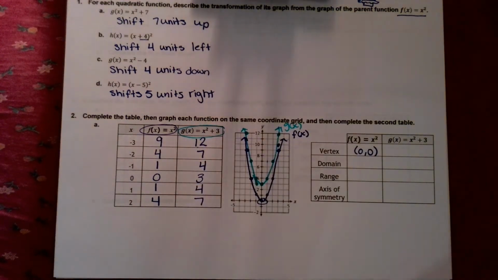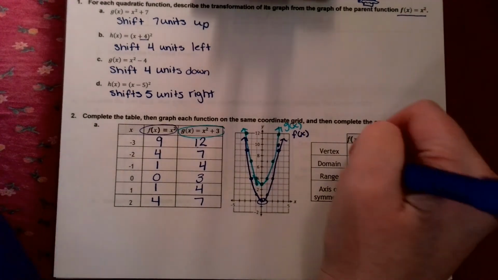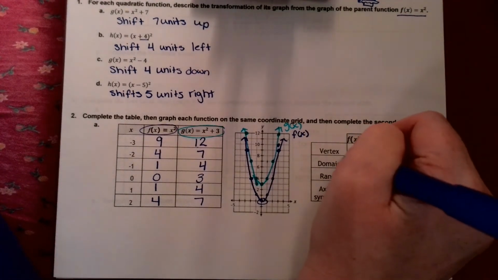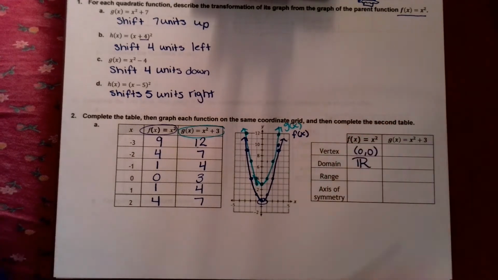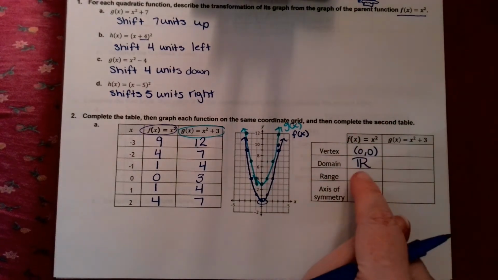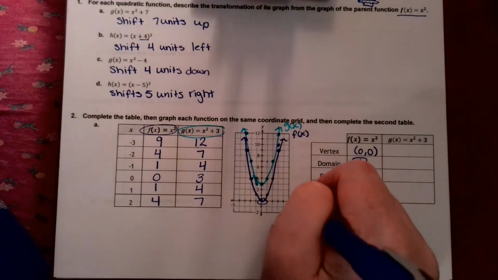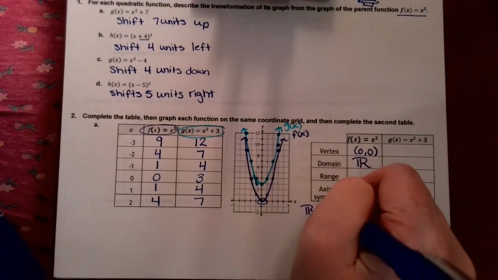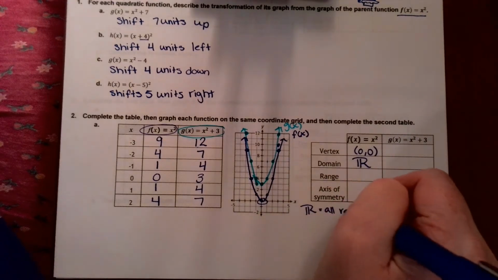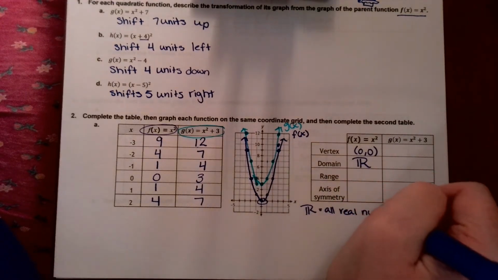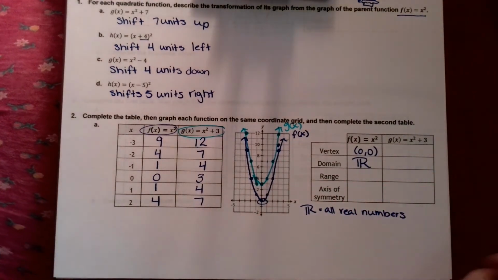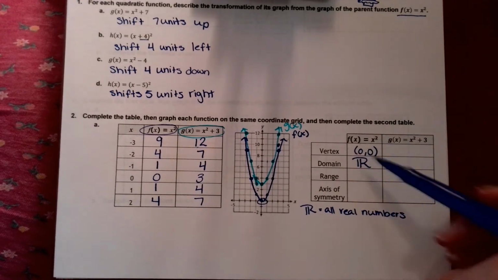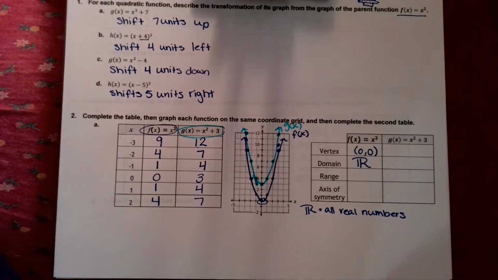So my domain, I'm going to use this symbol, which most of you have probably never seen before, but this stands for all real numbers. I would normally do bracket notation, but there's just not a lot of room here.